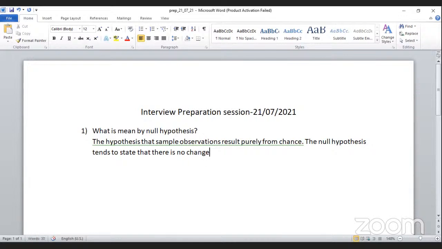So this is nothing but no difference between actual and observed data. Yeah, we can say like that. That is nothing but a null hypothesis.